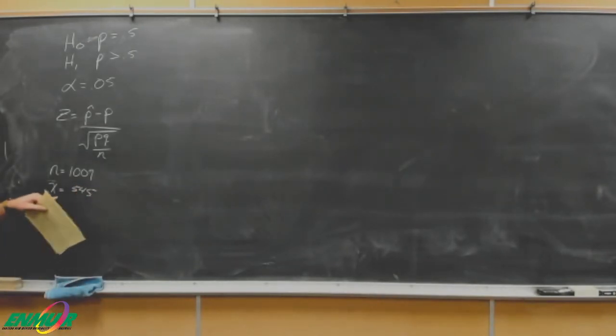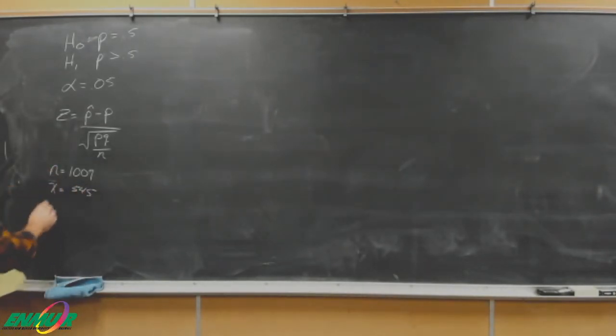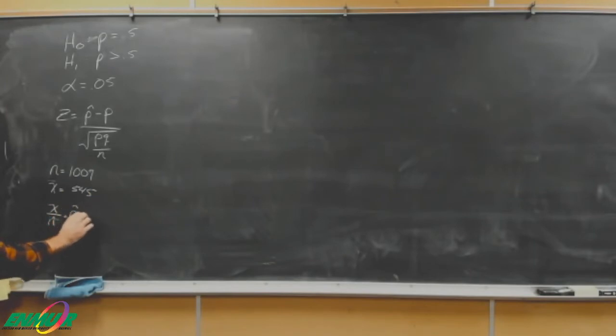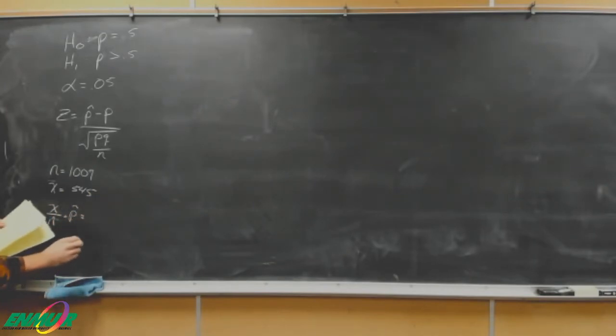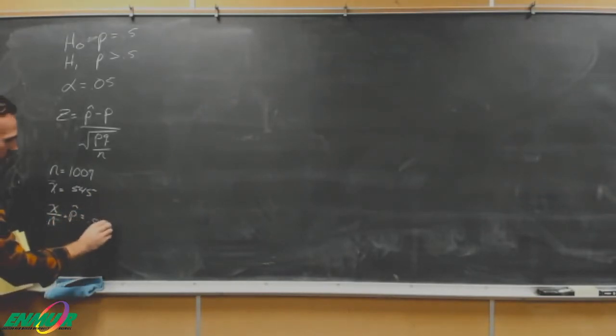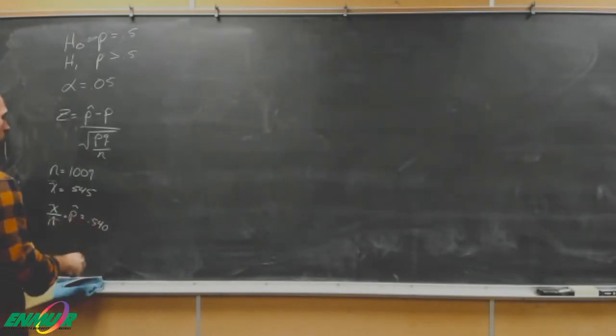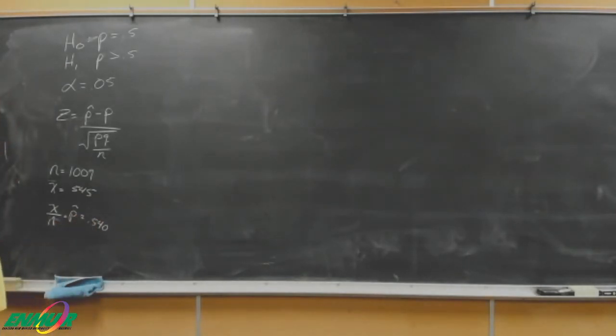We're going to take and divide this. This is going to get me our p hat. So x over n is equal to p hat, which is equal to 0.540.